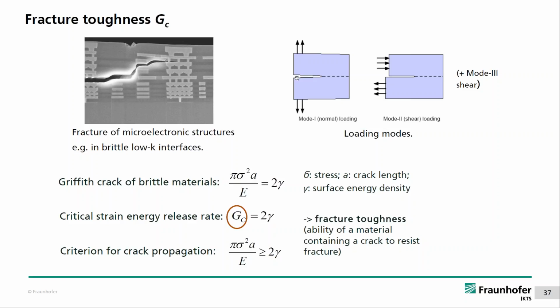And you have different modes. Mode 1, just the opening. Mode 2, shear, and mode 3 would be torsion. And if it's a brittle material, you can pretty easily determine the fracture toughness.